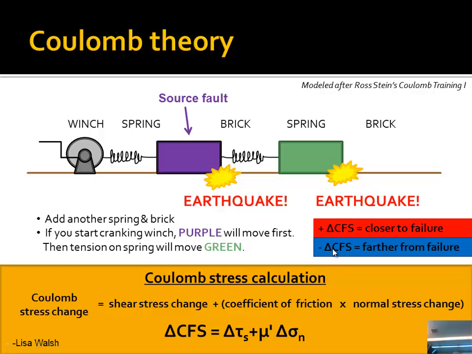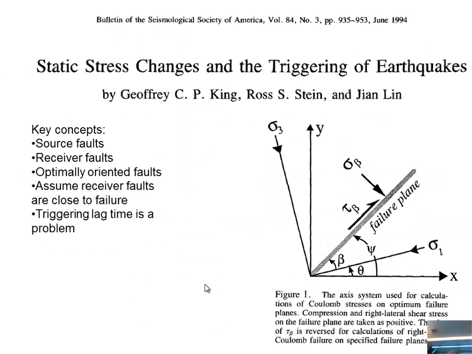If it goes down or it's negative, that means that the shear stress went down, the driving stress went down, or the normal stress increased, and so then it's like clamped together. So that's simply what's calculated, but it has to be done in 3 dimensions on the fault surfaces.